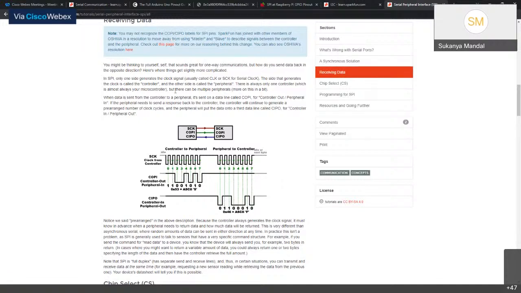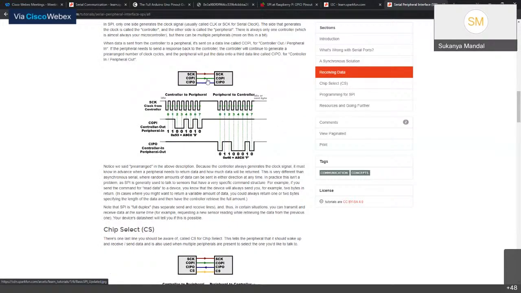Okay. So when data is sent from the controller to the peripheral, COPI, the controller out peripheral in, gets activated. And when the peripheral responds while the controller generates the number of clock cycles, the opposite happens: the controller in peripheral out signal gets activated. So here, if we are transmitting data from this side to this side, it is COPI and then CIPO.